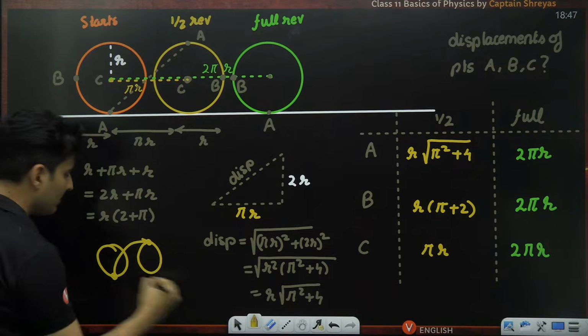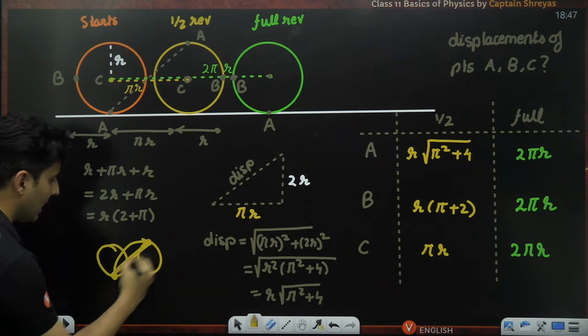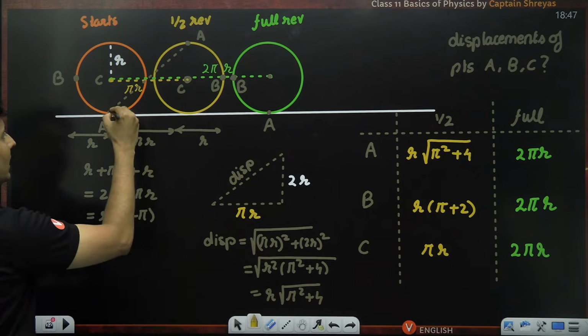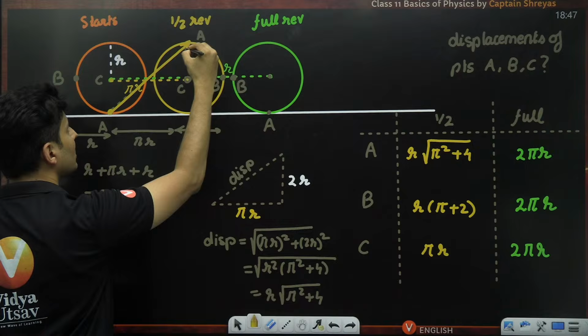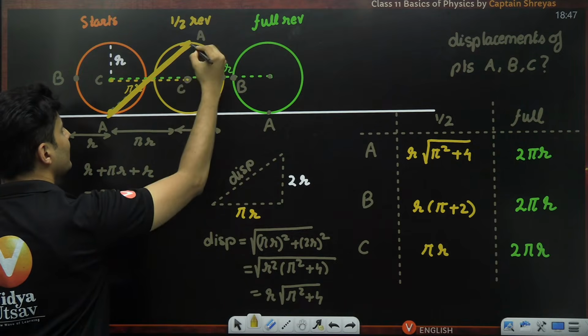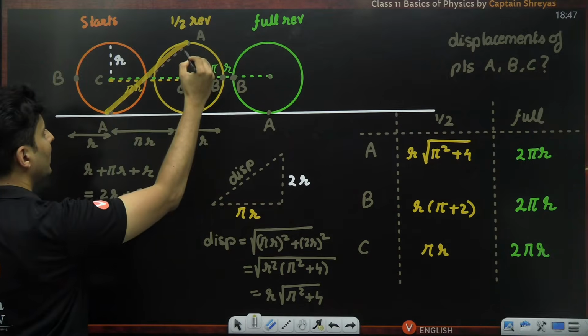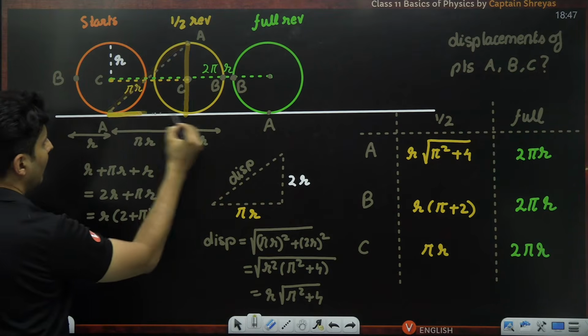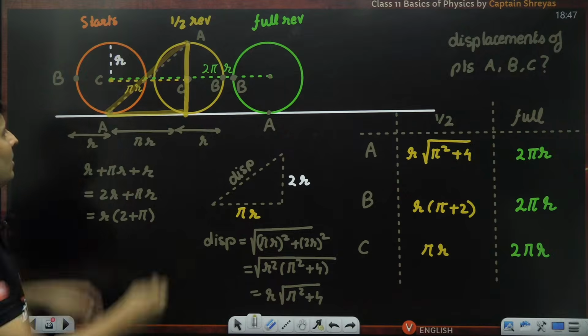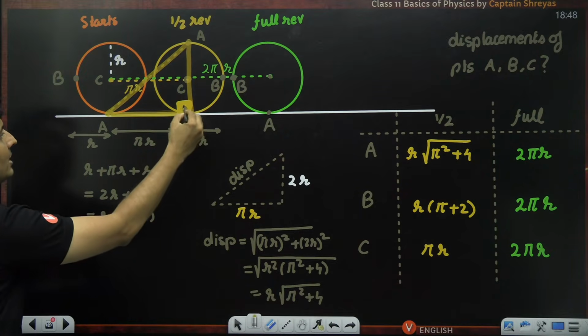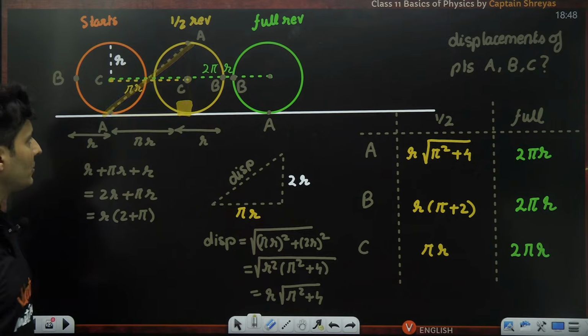If you ask me the displacement, displacement is this straight line which joins the initial location to the final location. Now to find this, what do I need, guys? I need height and the base. You can see an imaginary triangle getting formed over here, which is right angled in nature. This is the hypotenuse.